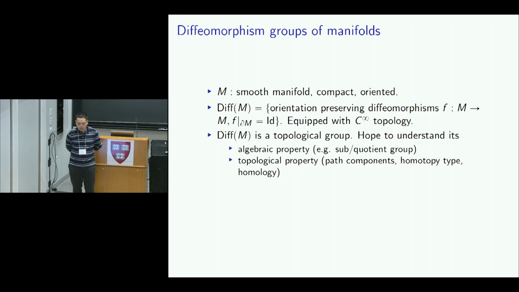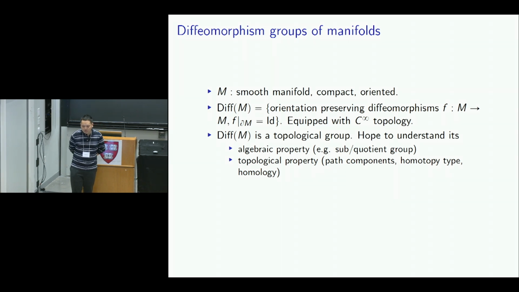In particular, we want to understand: is the diffeomorphism group path connected? How many path components does it have? And even better, we want to understand at least partially what the homotopy type of this diffeomorphism group is, and maybe say something about its homology.